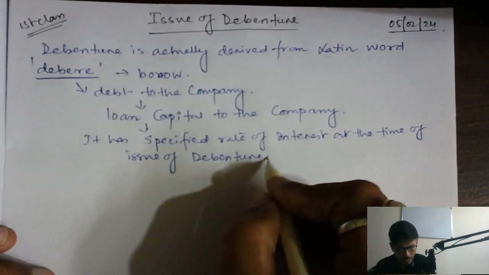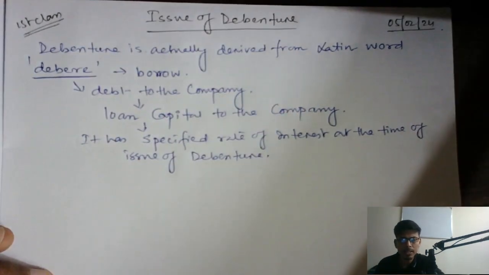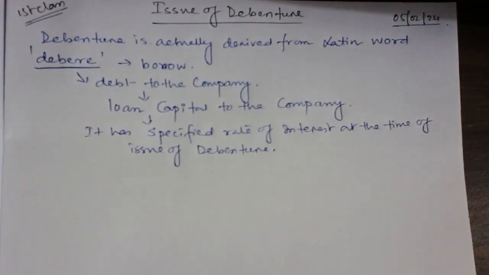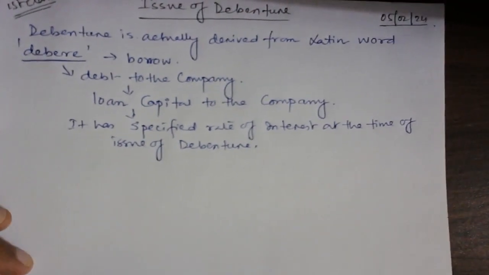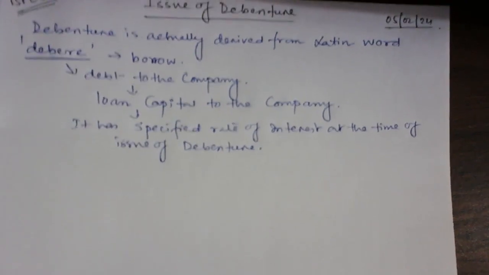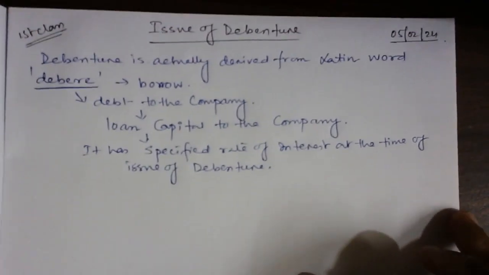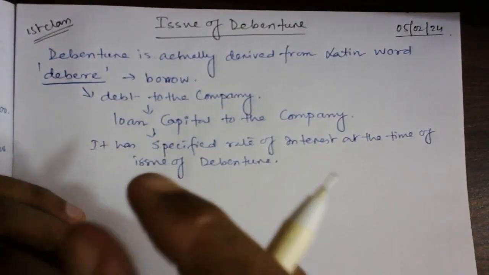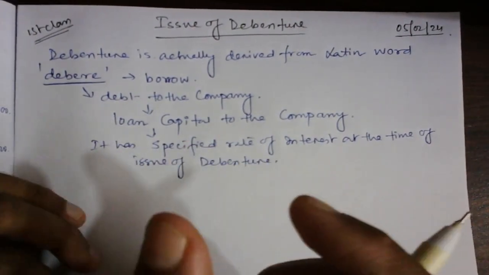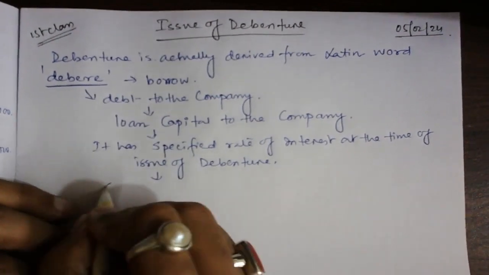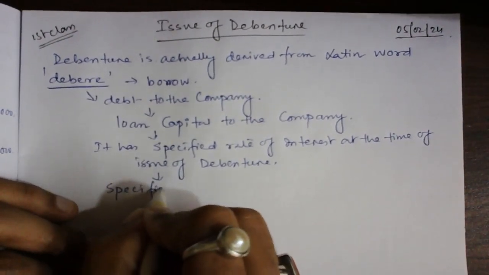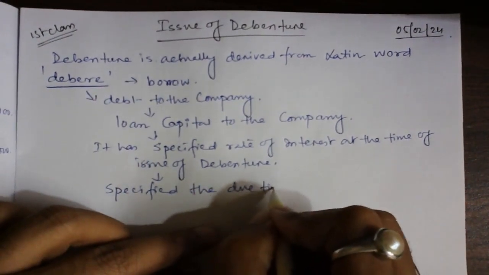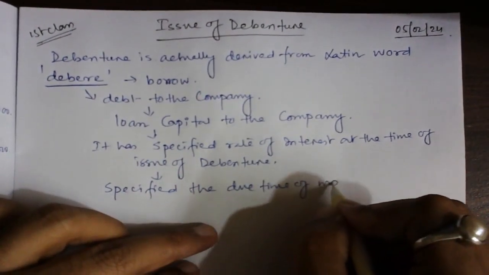Clear? इसके बाद और क्या होगा guys? चलिए देखते हैं. And then what happened? It is a specific rate of interest at the time of issue of debenture. And most important thing, as I just told you, at the time of issue of debenture, you also have to specify the due time of maturity.